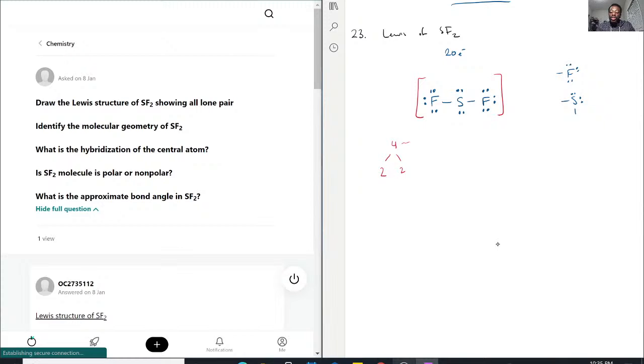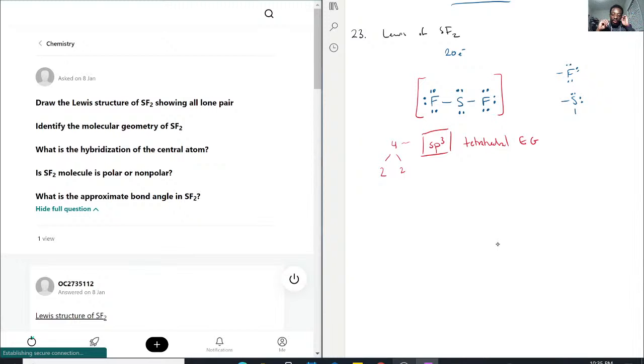But the 4 pairs in total tells us that the sulfur is sp3 hybridized, and this is a tetrahedral electron geometry, okay? But at least we found the hybridization, sp3.